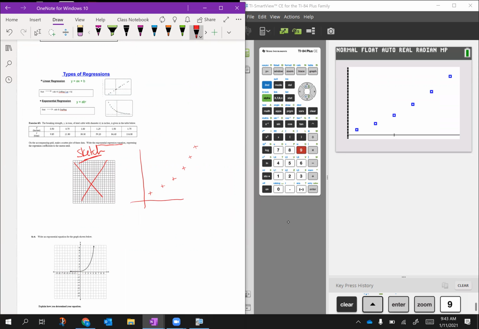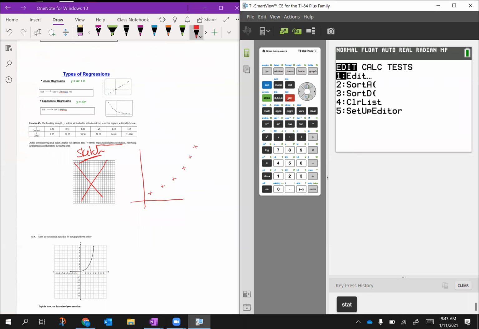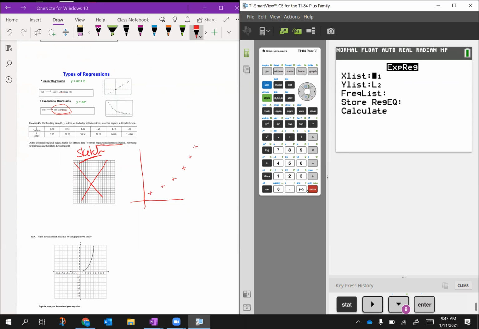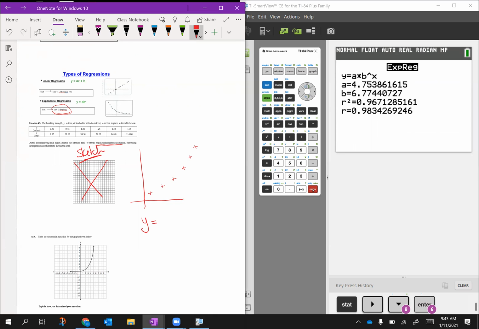So we go to stat, calculate. So it says here, stat calculate 0. So we go down all the way to 0, hit enter. List 1, list 2 is correct. We'll hit enter. So y equals, it tells us how to round, nearest 10th.